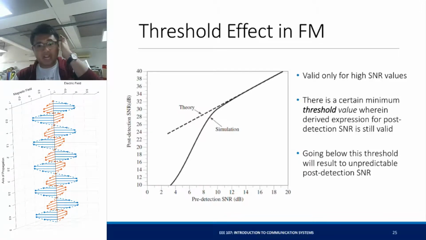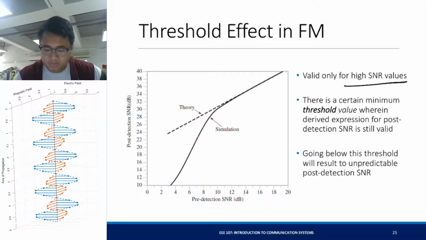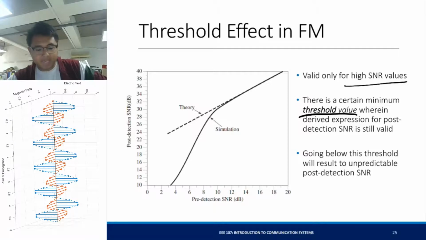However, when we're deriving this, we can only see that it's valid for high SNR values. So that means there's a certain minimum threshold value wherein your derived expression for post-detection SNR is still valid. And if you go below this threshold, well, your figure of merit, your post-detection SNR will become unpredictable.